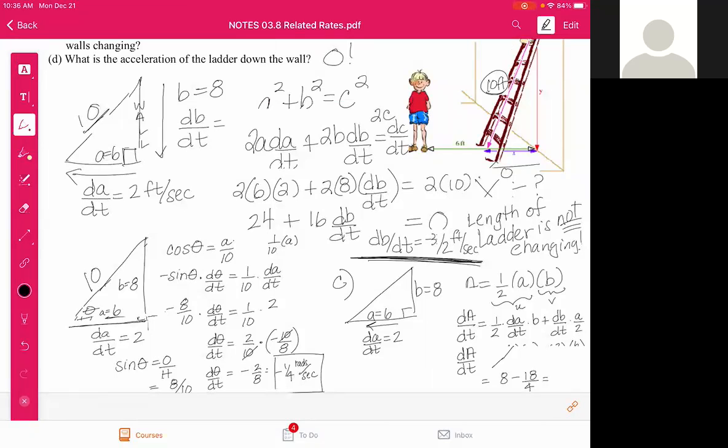If it were falling on its own, but this is being pulled away, so it's a controlled movement. So therefore you don't have to take gravity into account. You're holding the ladder and steadily moving it away at 2 feet per second. So it's not increasing in speed.